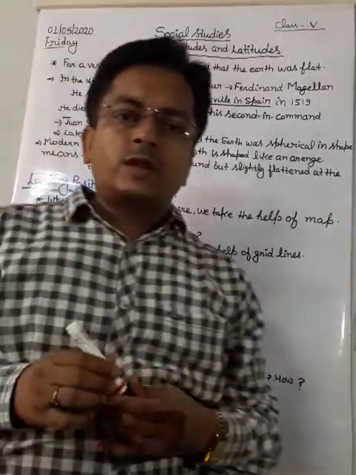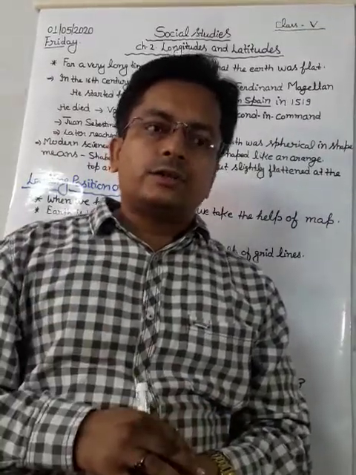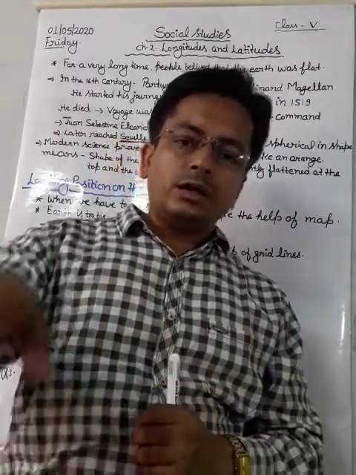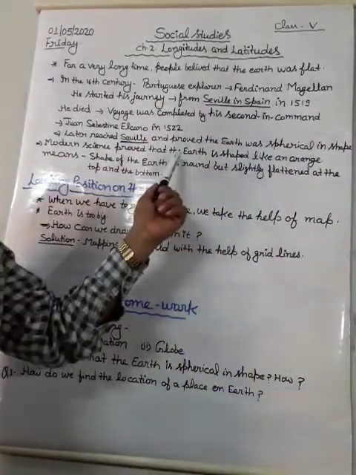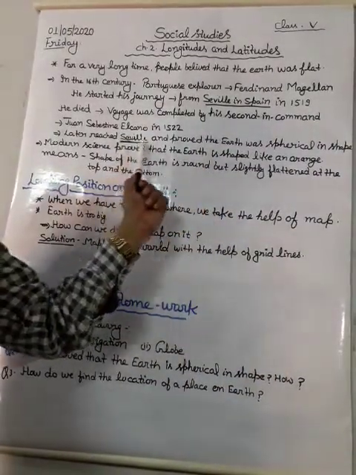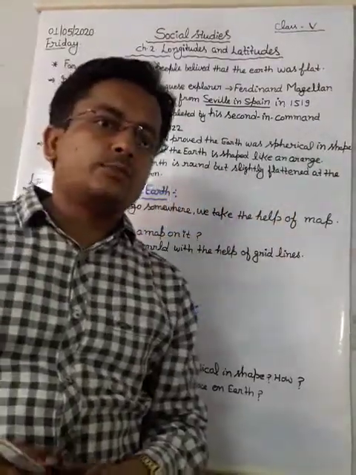So from where they started, they reached there again. It means the earth is spherical in shape. The earth has a spherical shape. So it is proof that the earth is spherical in shape.